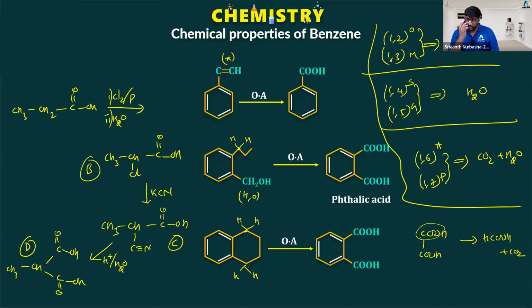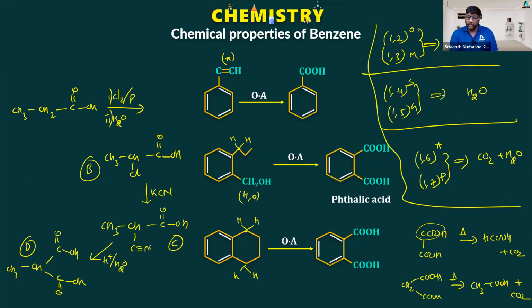The 1,3 acid is malonic acid, CH2(COOH)2. Again CO2 is lost, and you get CH3COOH plus CO2. So 1,2 and 1,3 acids will undergo loss of carbon dioxide when you heat them.